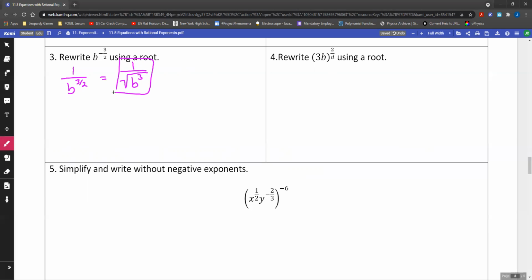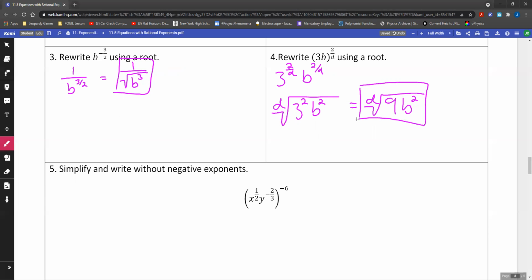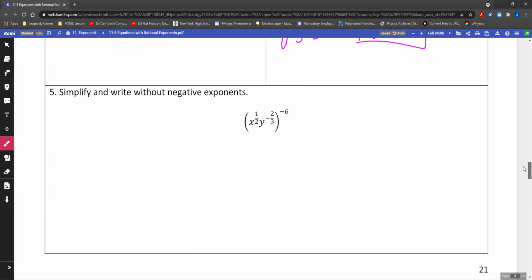Over here, I'm going to distribute this power to both terms. Because they're going to be under the same root, the root is going to be b, and it's going to be 3 squared and b squared. I'm going to want to try to simplify that 3 squared, so I'm going to turn that into 9b squared. Going to 5.